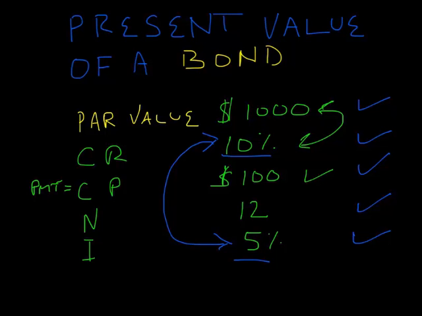But what's going to happen is the market will adjust the present value of that bond. It will discount that bond down to a rate that's equal for investments of similar risk. And if the market works perfectly, which it sometimes doesn't, investments of similar risk have similar returns.